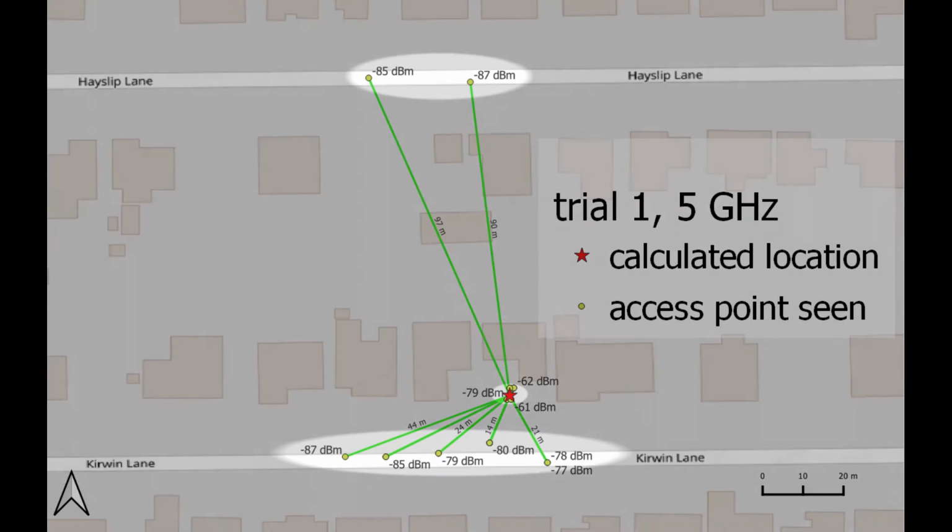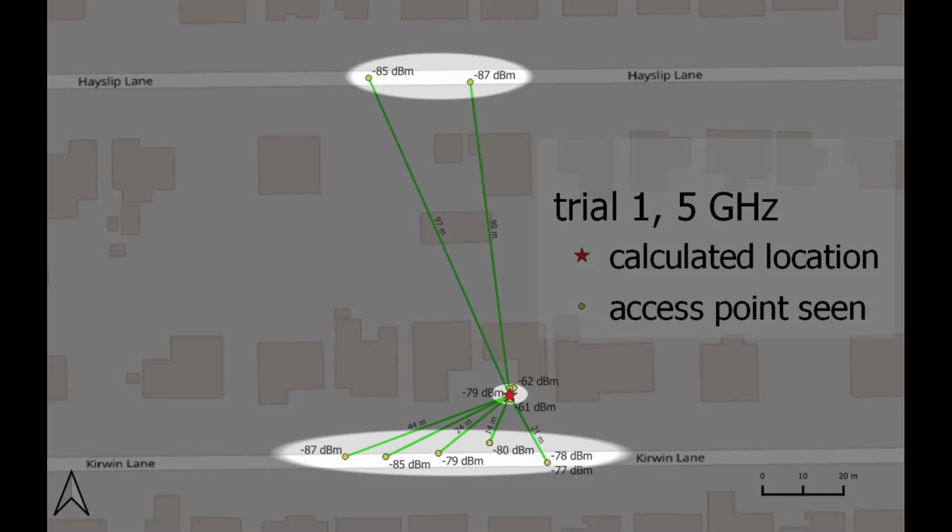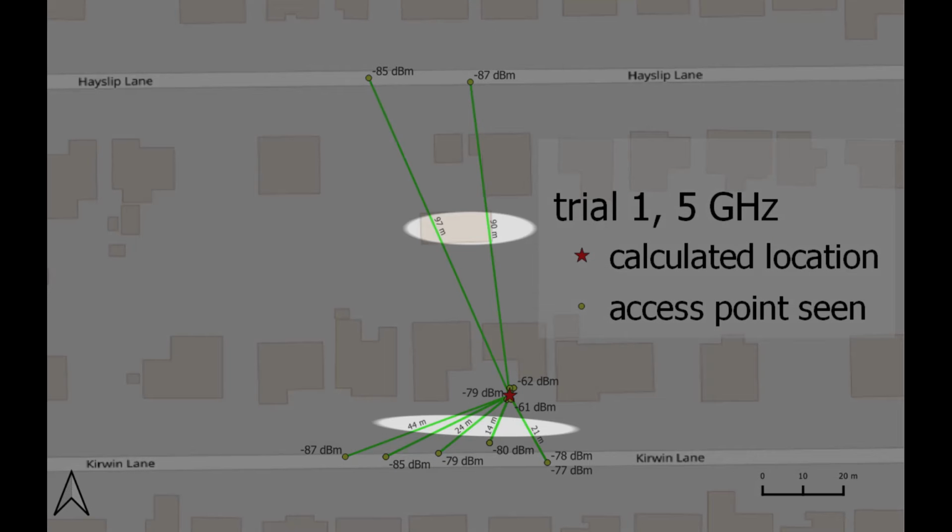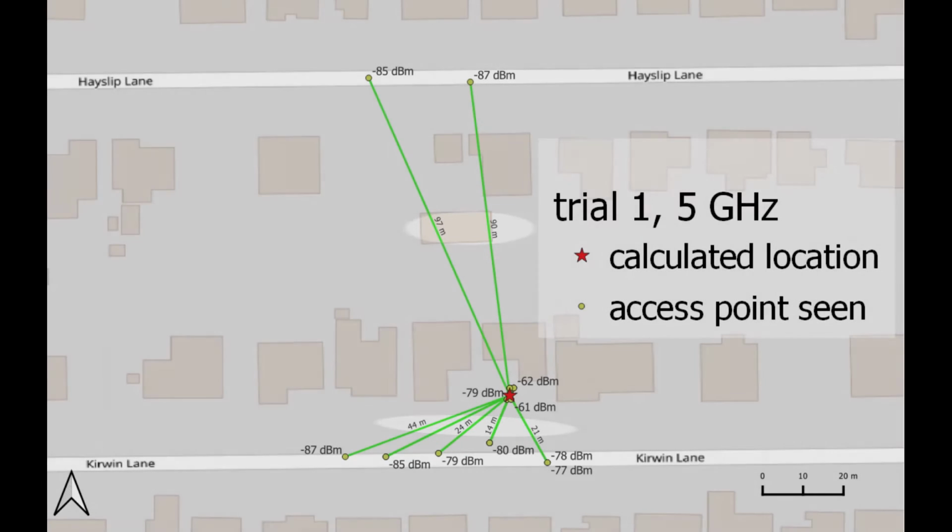I took a weighted average of the coordinates and the signal strength to calculate the Wi-Fi access point's location. And yes, I took into consideration that signal strength is logarithmic. Then, for each point at which the access point was seen, I recorded that point's distance from the calculated origin. These distances are shown as green lines on this map. I repeated this series of calculations for each unique access point that I encountered in my neighborhood.